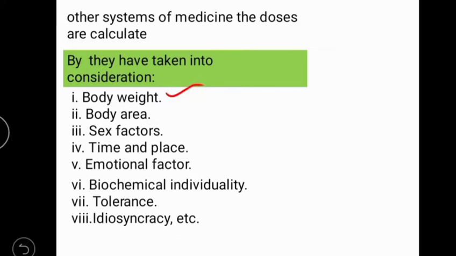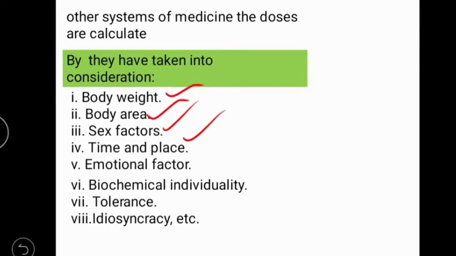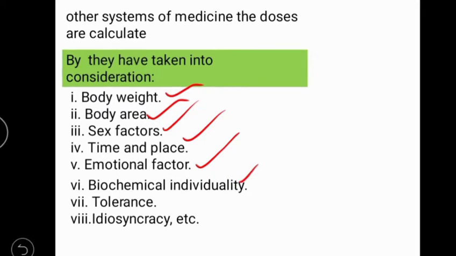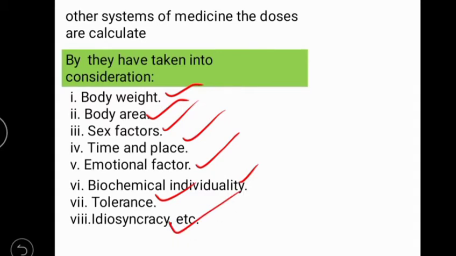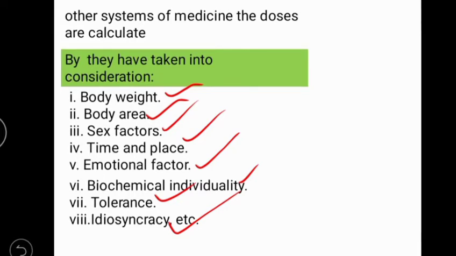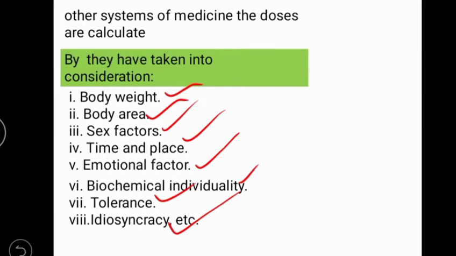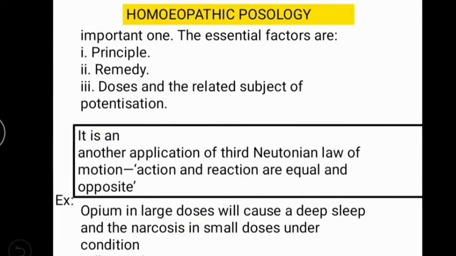Body weight, body area, sex factor, time, place, emotional factor, biochemical individuality, tolerance and idiosyncrasy. These are the eight factors which we always take into account for the calculation of a dose.